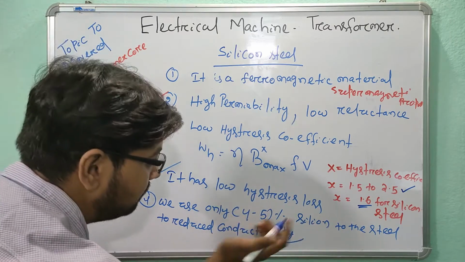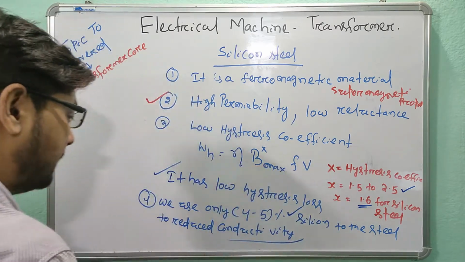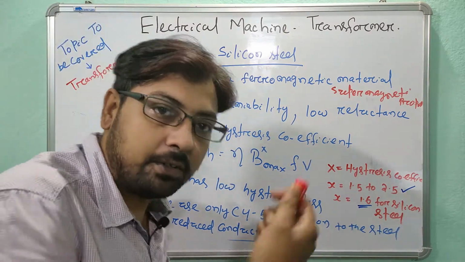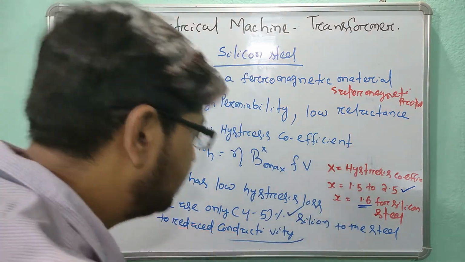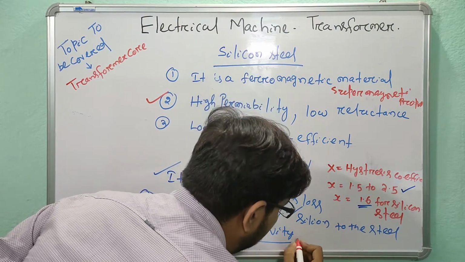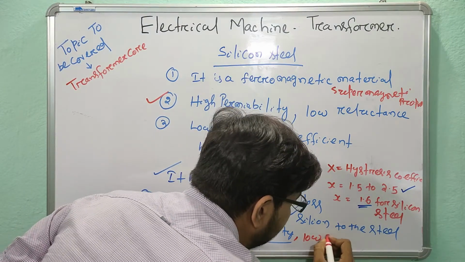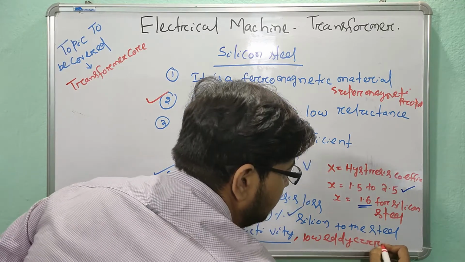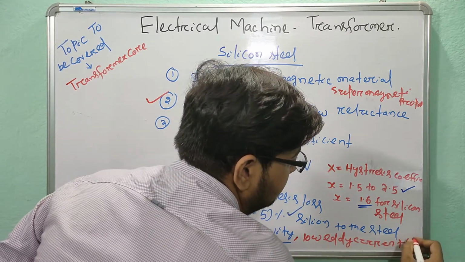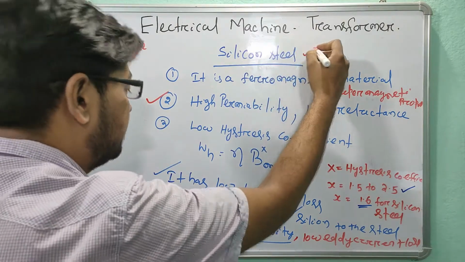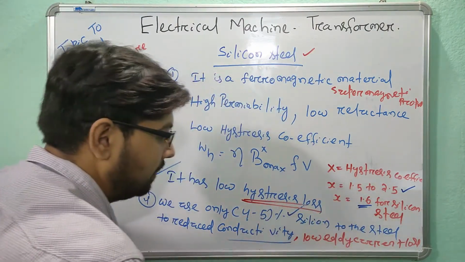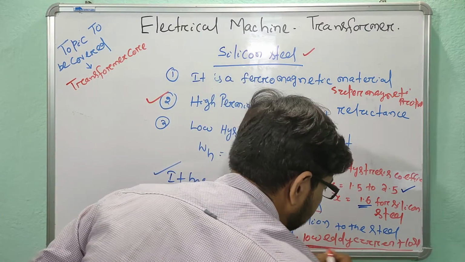By using 4 to 5% of the silicon, the conductivity of the core is reduced. If the conductivity of the core is reduced, then we get low eddy current losses. So for silicon steel we get low hysteresis loss, and also low eddy current losses.